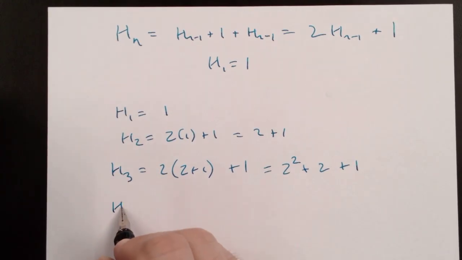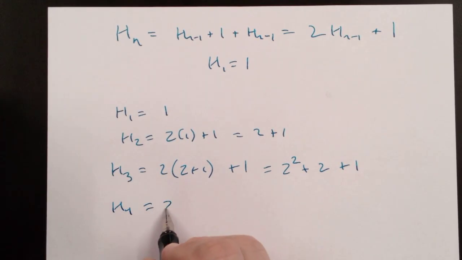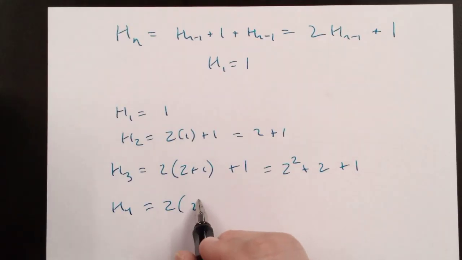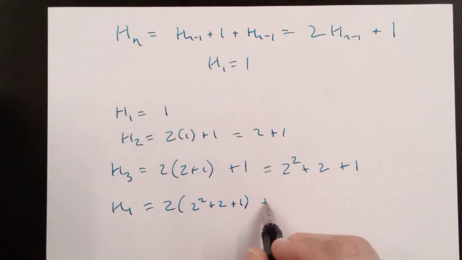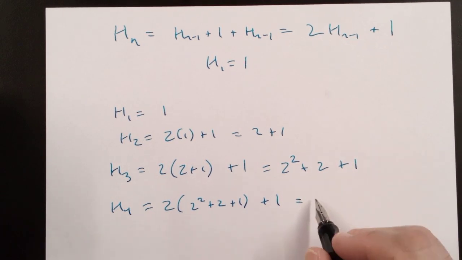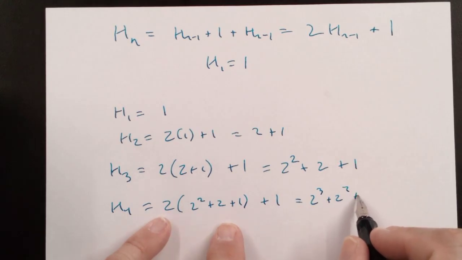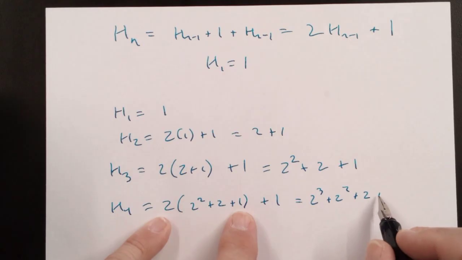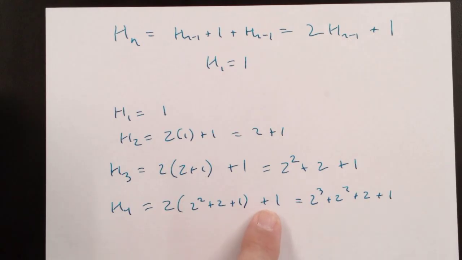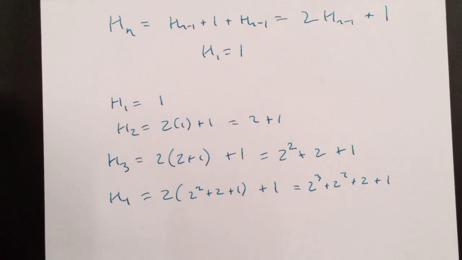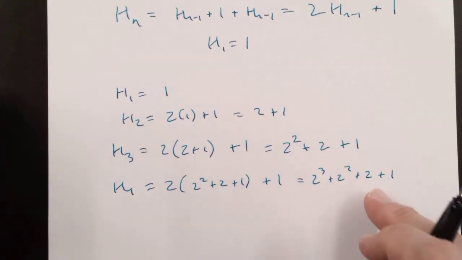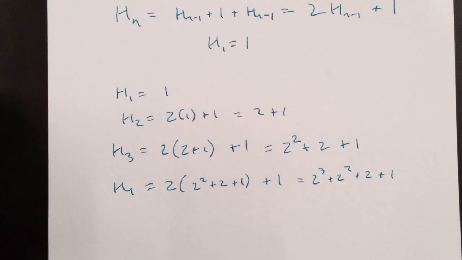What's H4 when written this way? Well, it's 2 times H3 plus 1. If I multiply that 2 in again, I get 2 cubed plus 2 to the second plus 2 to the first plus 1. Which is 8 and 4 and 2 and 1. Binary, 8 and 4 and 2 and 1. 15.